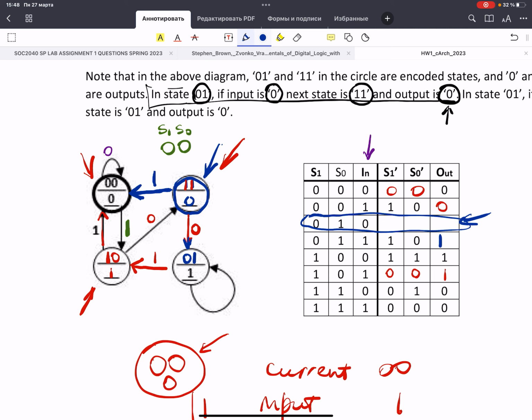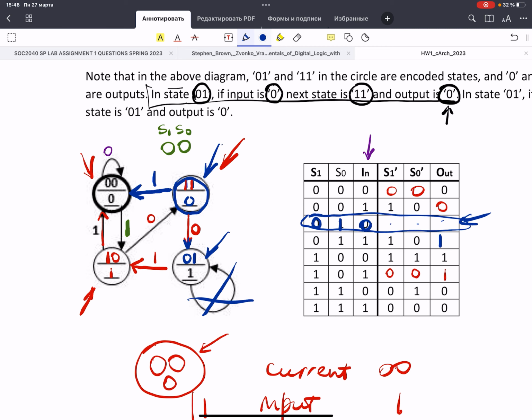It says that if input 0 is given to the state 0 1, there are 3 empty cells, but we have only one existing arrow. For example, let's assume we didn't have this arrow. Then it would be our task to predict which state would be called if input 0 is given to this state.